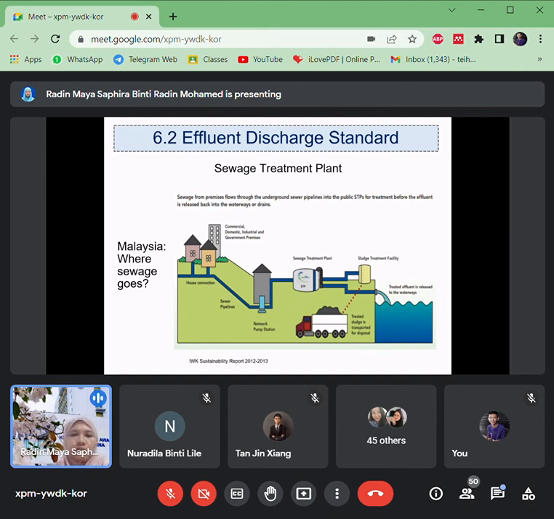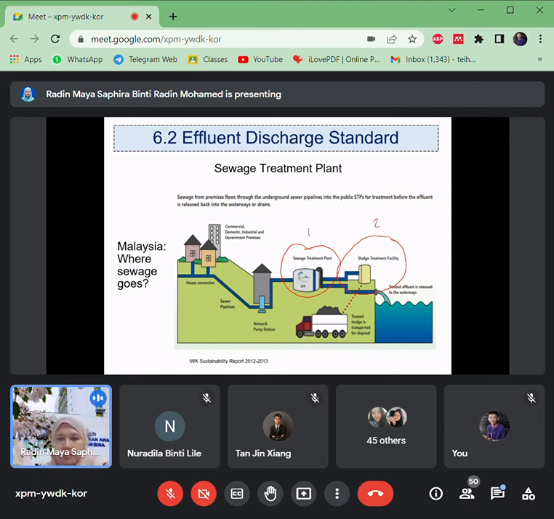So for this chapter, basically we cover what is actually happening in this process of the treatment plant, apa yang berlaku dekat sini, and also how to manage the sludge. Dua benda, part 1, part 2.